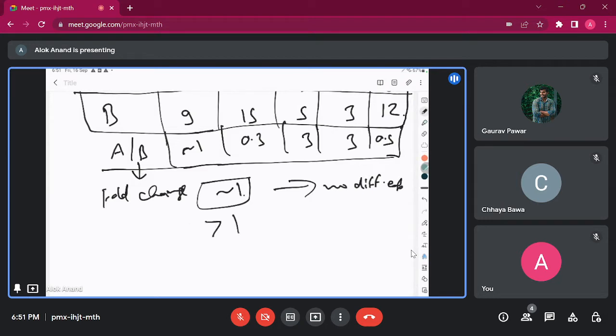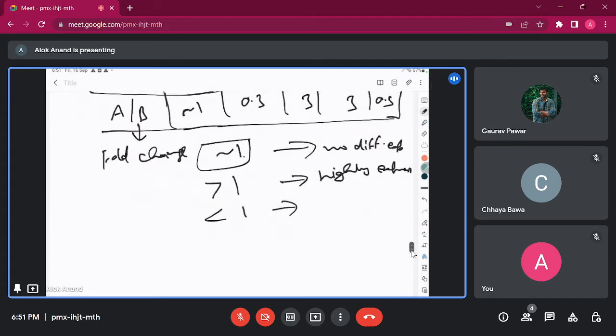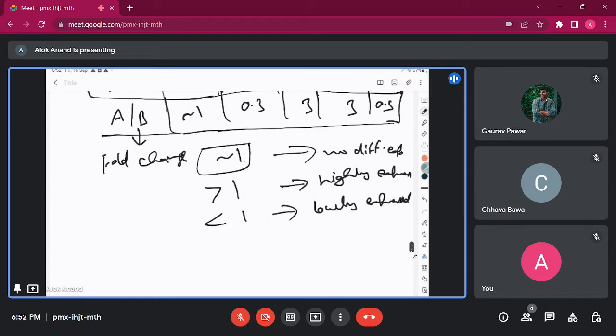When it is greater than 1, we call it as highly expressed. It is less than 1, we call it as lowly expressed. ठीक है? जहां आपका 1 से ग्रेटर है, it is highly expressed. It is less than 1, we call it as lowly expressed. ठीक है? A gene is lowly expressed in the given condition as compared to the condition B.